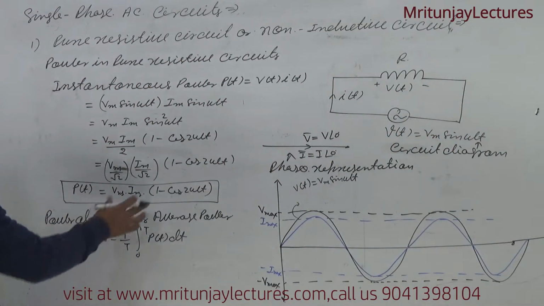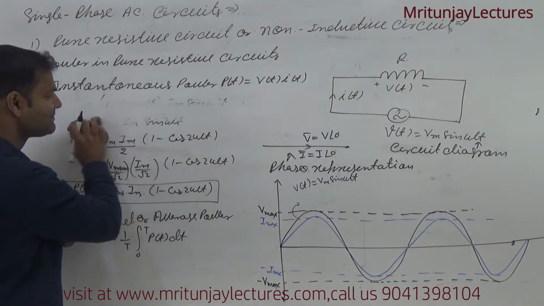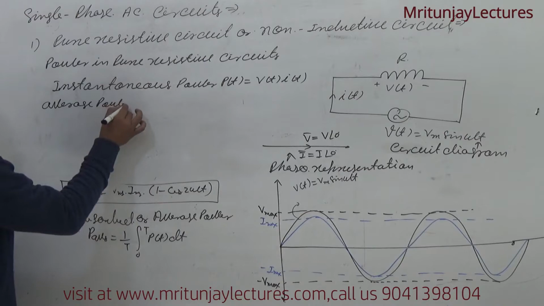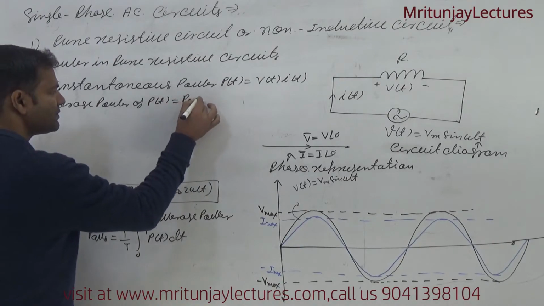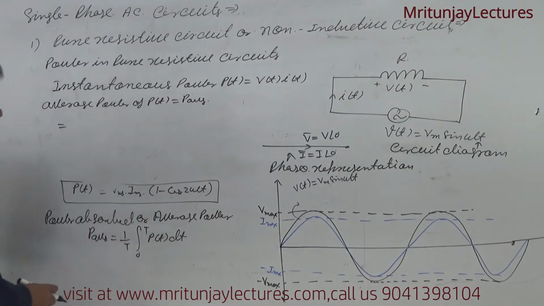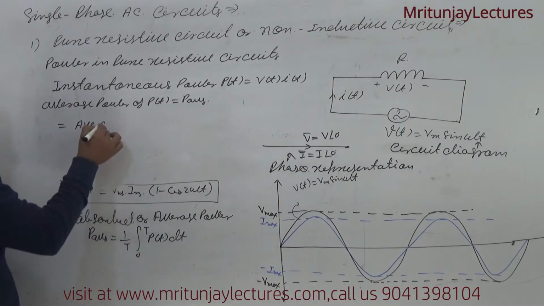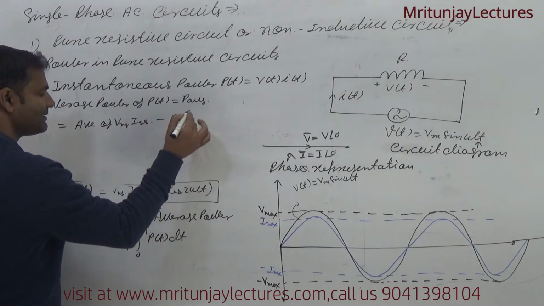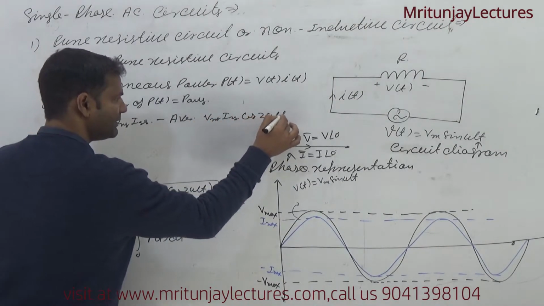Now if we put this here, the average power of Pt, that is P average, means the average of Vrms into Irms minus the average of Vrms into Irms into cos 2 omega t.